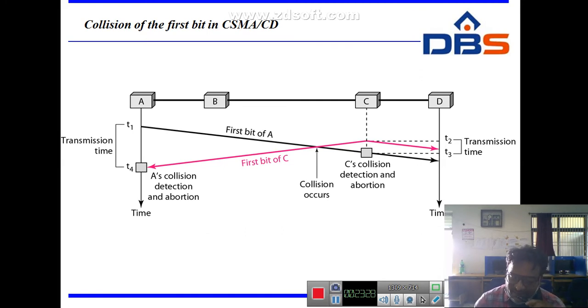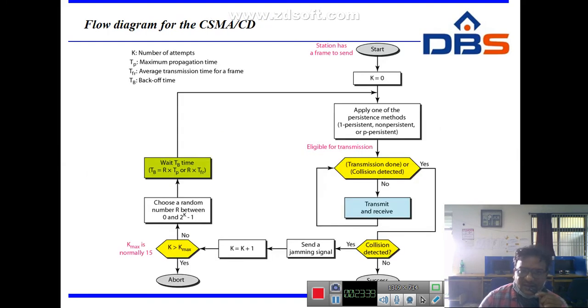So in CSMA/CD, if the medium is idle, then start transmitting, otherwise go to step 2. We will see this entire procedure in this flow diagram. The first step: the station has a frame to send, so it starts, and k is equal to 0.